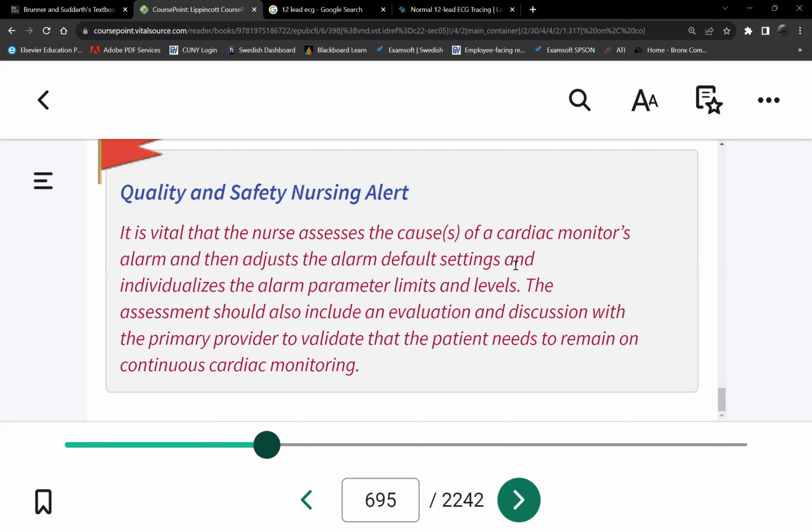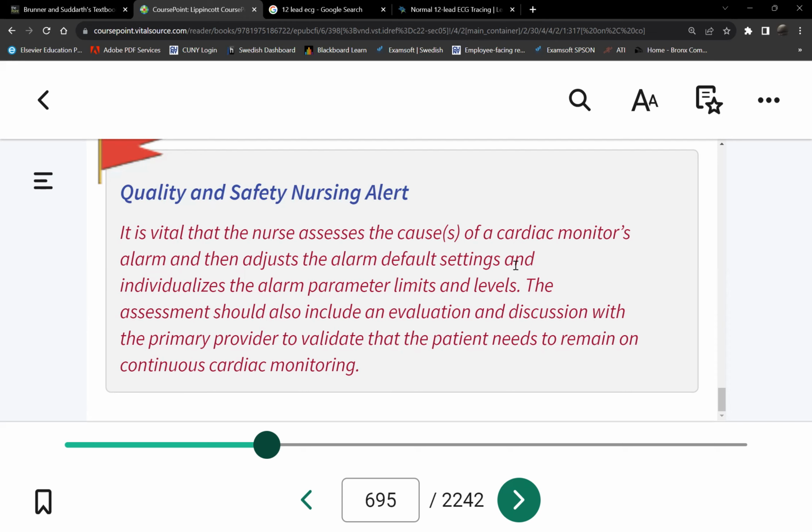So let's look at this alert here. Let's talk about alarms. Now, some patients will have abnormal rhythms regardless. They'll stay abnormal. A perfect example is atrial fibrillation. Patients will have chronic AFib. They'll never have a normal sinus rhythm. So will the machine ever stop alarming?